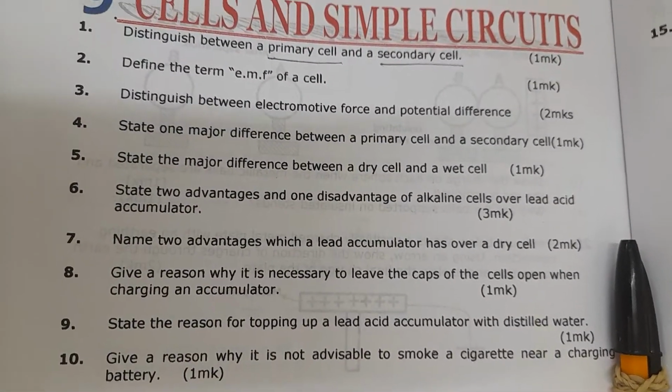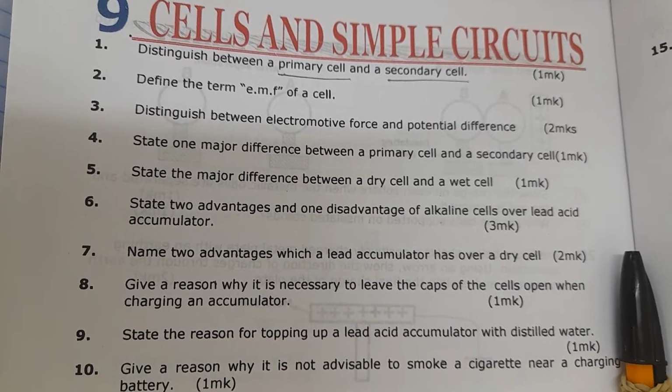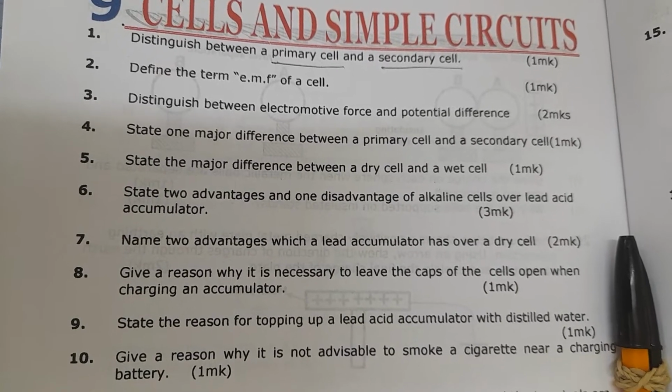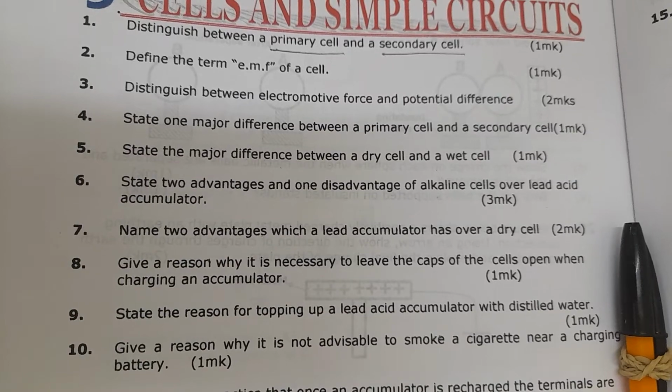State one major difference between the primary cell and the secondary cell. That one has been answered in question 1, so we cannot repeat ourselves. The other one is: state the major difference between a dry cell and a wet cell.